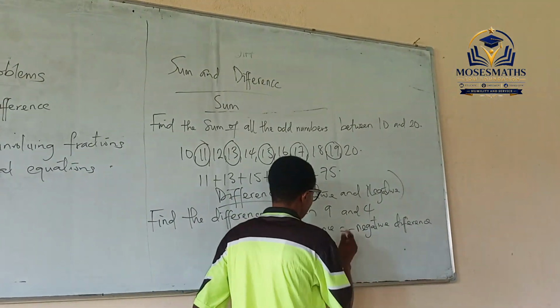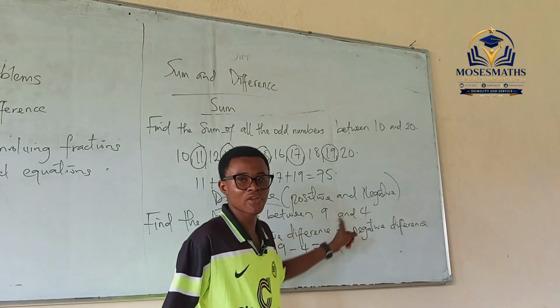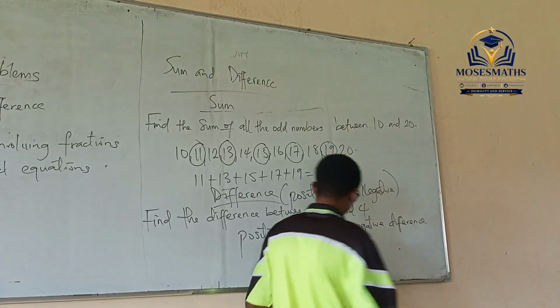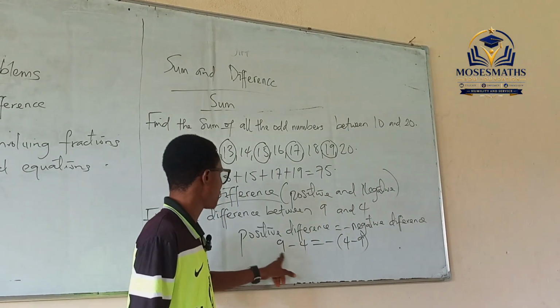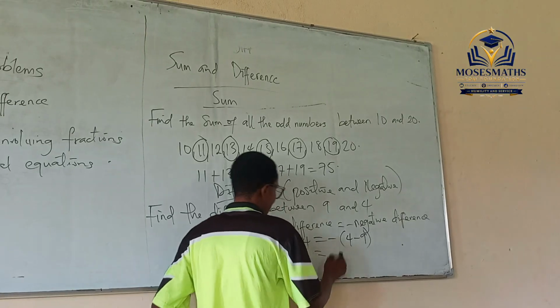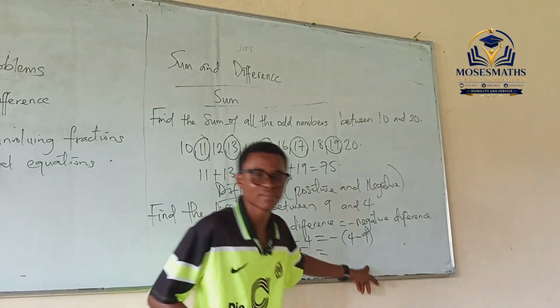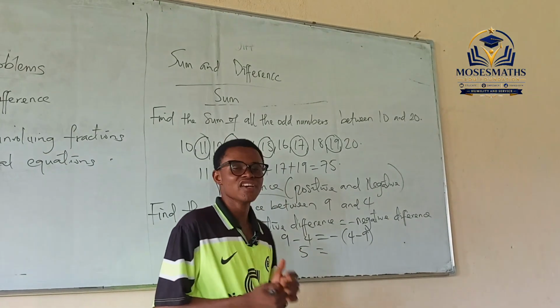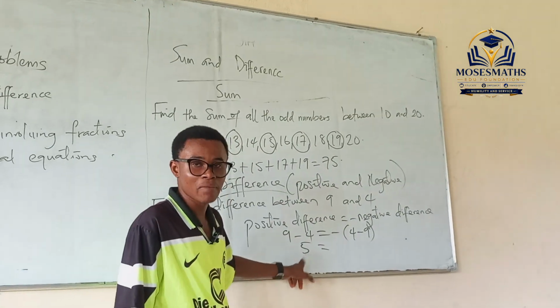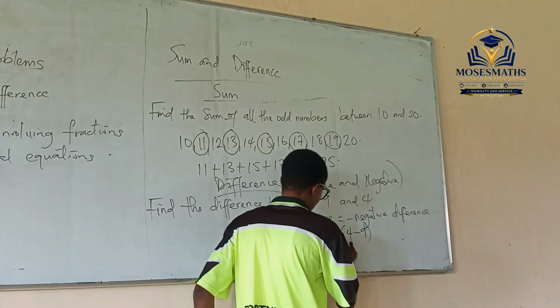While the negative difference is 4 minus 9, subtracting 9 from 4. So 9 minus 4 is going to give me 5. 4 minus 9 is going to give me minus 5.